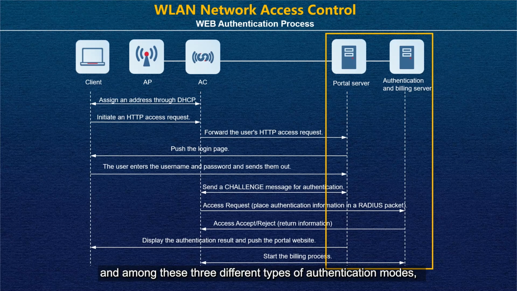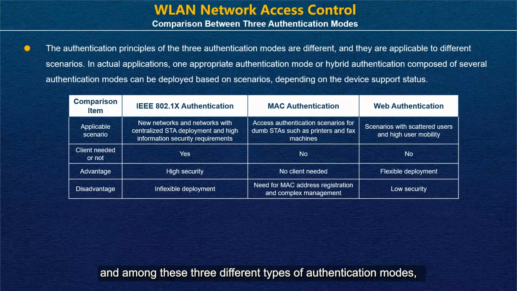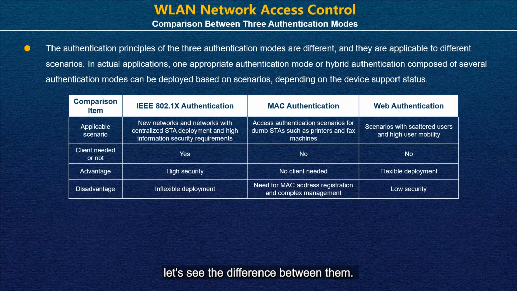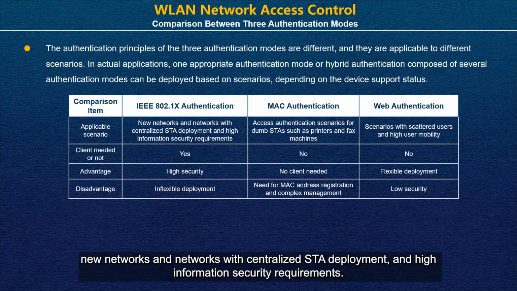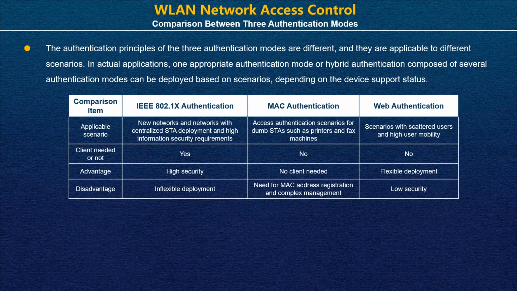And among these three different types of authentication modes, let's see the difference between them. Firstly, IEEE 802.1x authentication is more suitable for some new networks and networks with centralized STA deployment, high information security requirements.